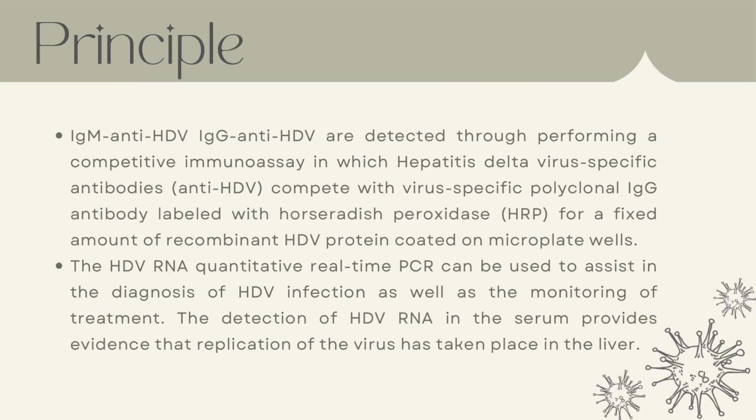The principles of the serological test indicate that IgM anti-HDV, hepatitis delta virus specific antibodies, are identified via a competitive immunoassay in which they compete with virus-specific polyclonal IgG antibody labeled with horseradish peroxidase for a defined amount of recombinant HDV protein coated in microplate wells, and that the HDV RNA quantitative real-time PCR can be used to aid in the diagnosis and monitoring of HDV infection and treatment.